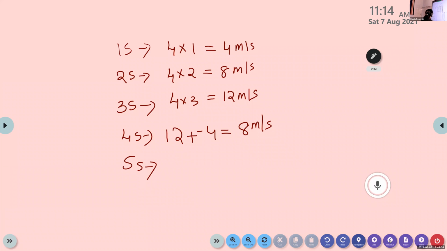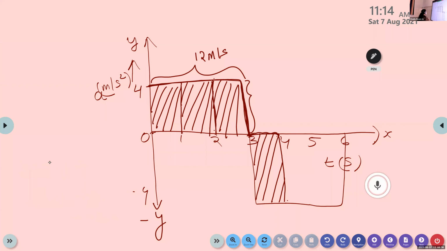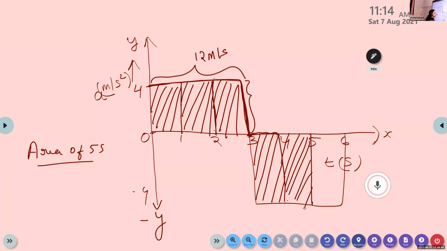Similarly, we can find out the area corresponding to 5 seconds. So here we consider this portion. Shade this portion.